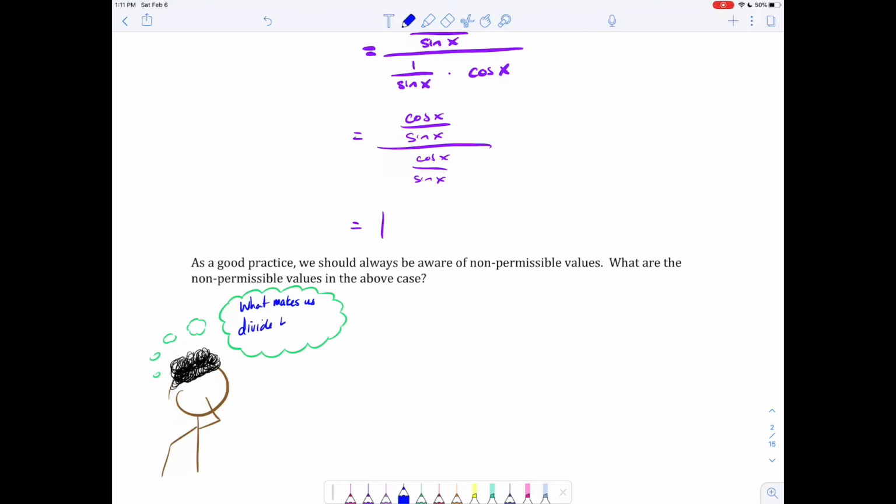divide by 0? There's a number of ways we can get non-permissible values. Division by 0 is one of those. Taking the square root of a negative, having a negative argument for a log. There's a variety of ways we can get non-permissible values. And with these reciprocal identities, or with sine and cosine, we're essentially looking at dividing by 0. Where can that happen?